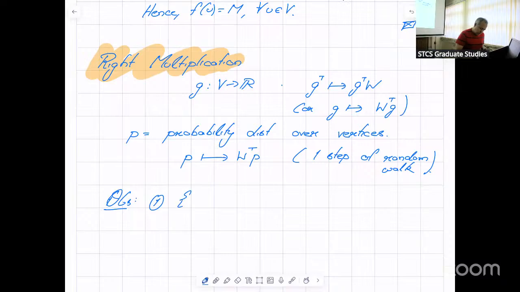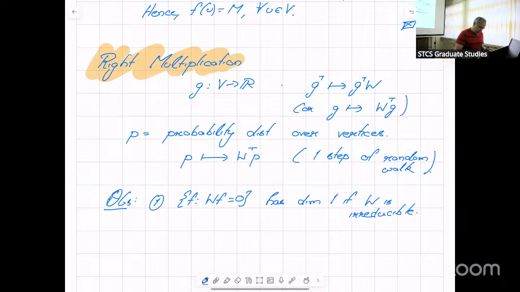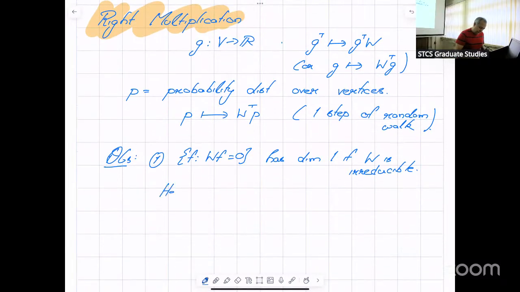The space WF is 0 has dimension 1 if W is irreducible. This we already observed. Hence, the space of G such that W transpose G is... sorry, what did I write?